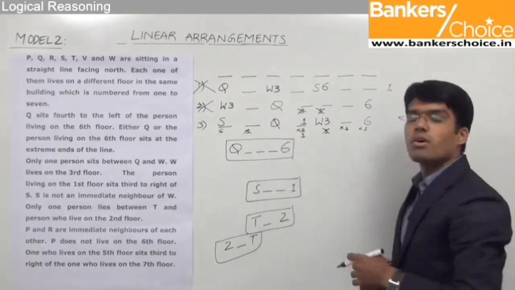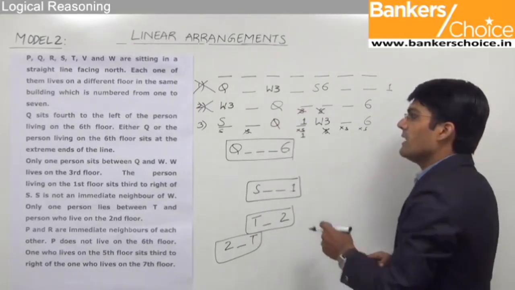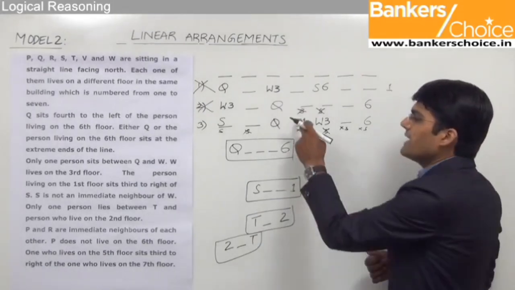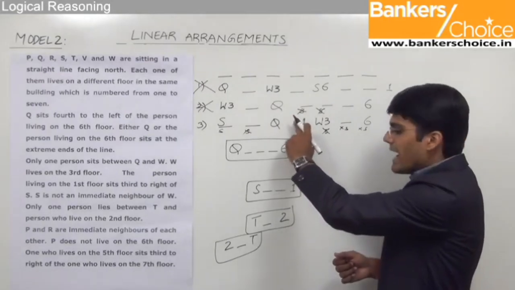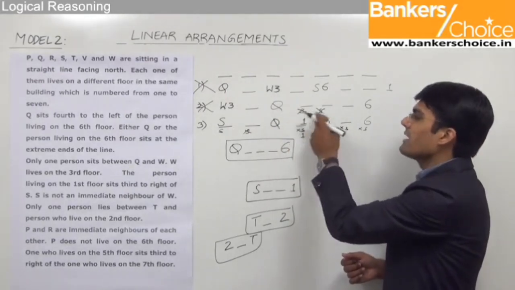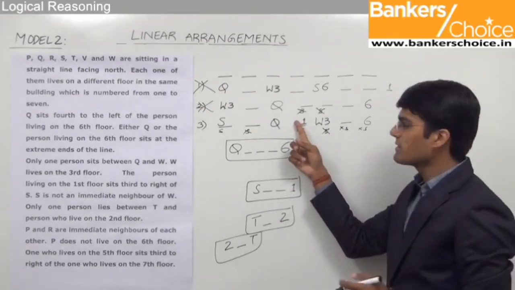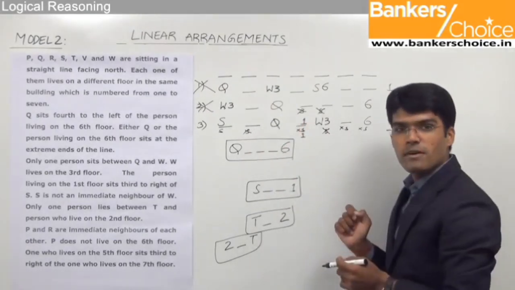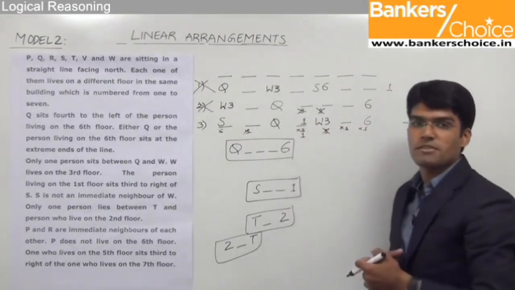The third position is already occupied by Q, so T cannot occupy that place. Let us try to put T on the fourth position here. If T comes here, the person living on second floor can either be on the left of T or on the right of T. So as we can see here, if we try to keep T in this position, the second floor person can come in this place with a gap of 1 person or on this side with a gap of 1 person. Both are possible.